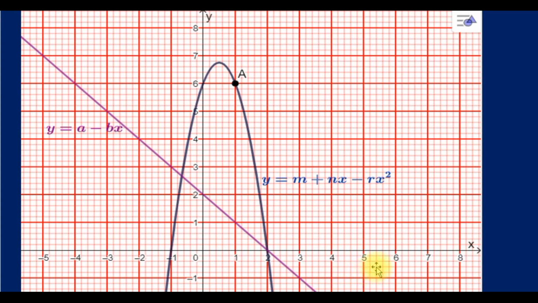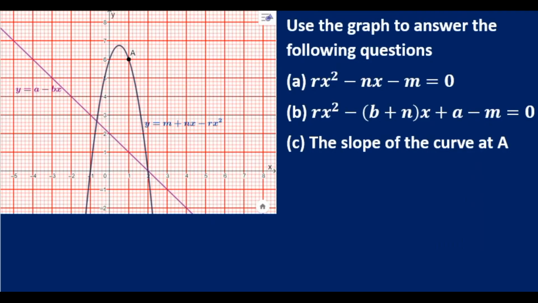So see the graph. As you can see, the equation is y equals m plus nx minus rx squared. But they told us the equation of the line is y equal to a minus bx, and they asked us to solve this.